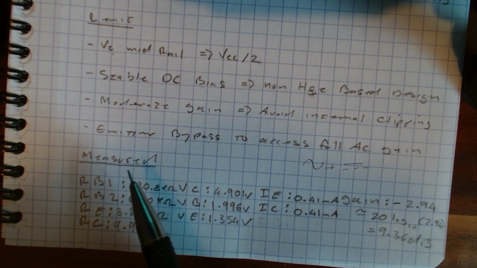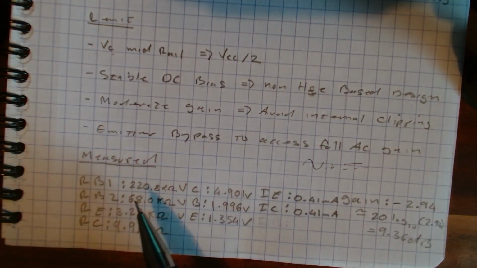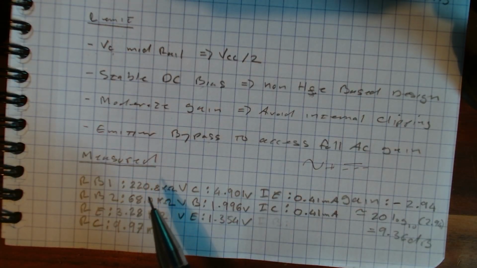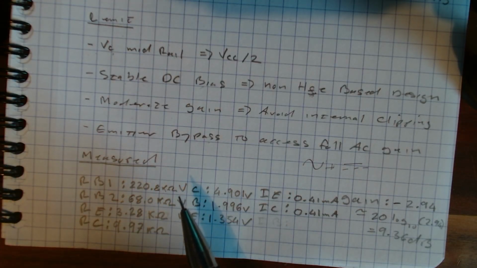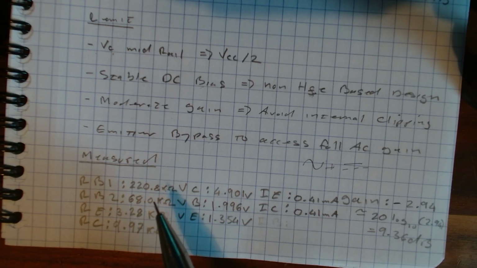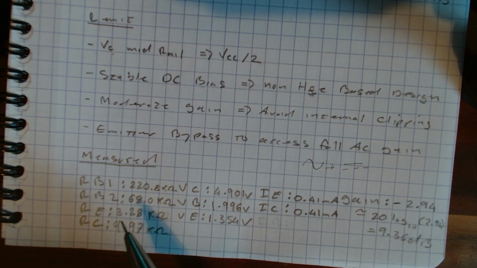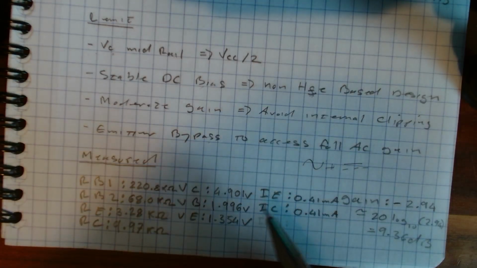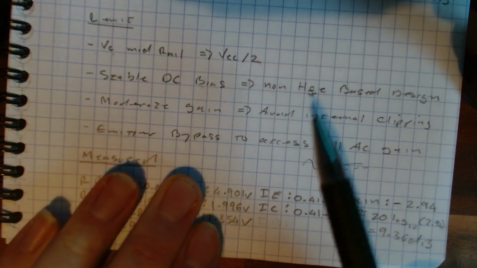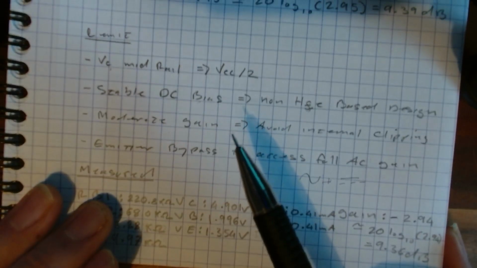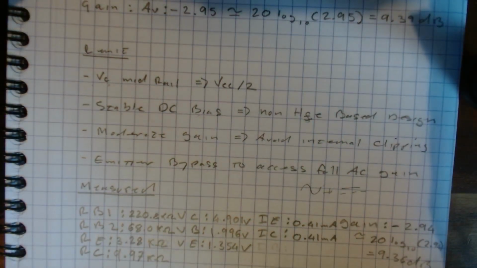If we look at our actual measured values, I went ahead and measured our resistors. Our 220k was actually a 220.8k. Our 68 was pretty on the money, that was 68.k. And then we have 3.28k for our 3.3 and 9.97 for our 10k, which when we do the exact same math as before, and we have a look up here, let me just pull this back up.